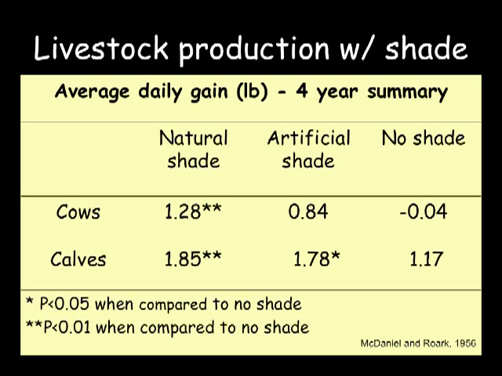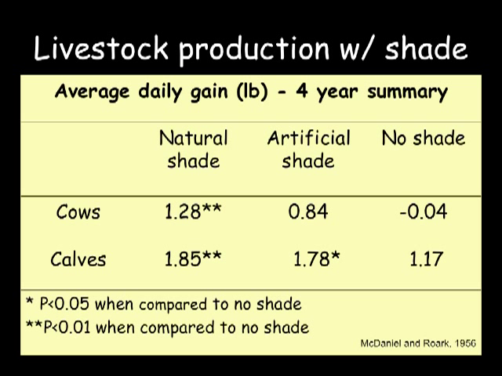If you go back and look at the literature, you go back to Arkansas in the 50s, and they did a study looking at cow-calf performance in systems where they had boxes that provided shade versus trees that provided shade. This is not necessarily a silvopasture arrangement, and they were looking at animal performance.